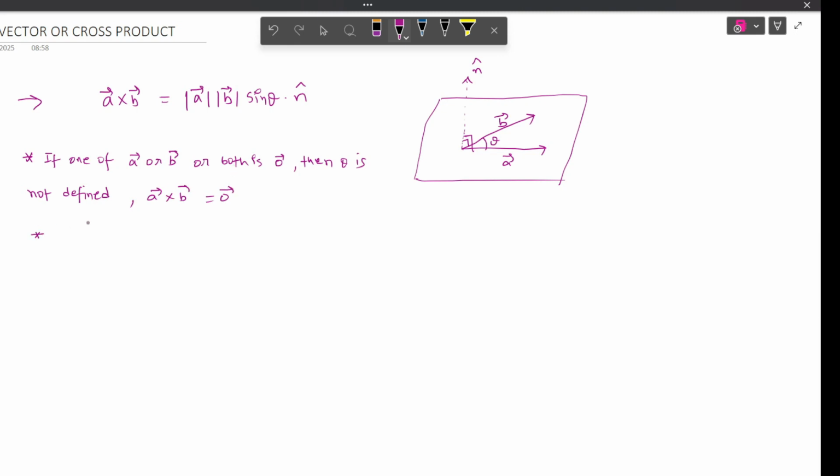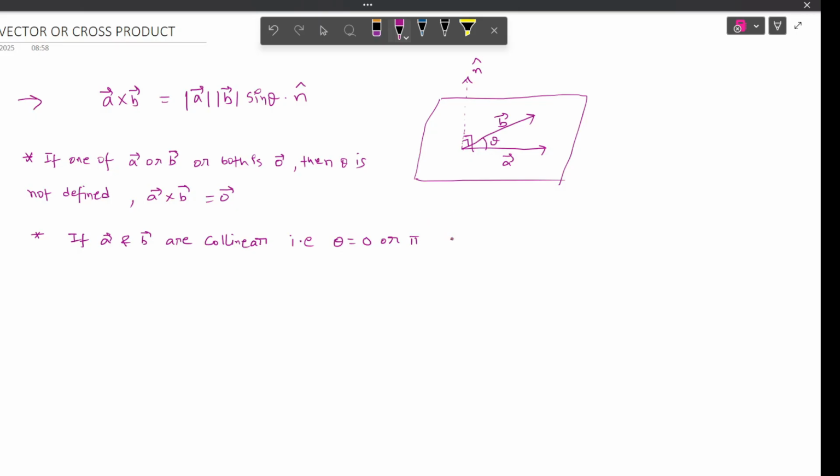Point number 2: if A and B are collinear, that is, the angle between A and B is either 0 or pi, that is, the two vectors are parallel or anti-parallel, then in this case also the direction n vector is not well defined.